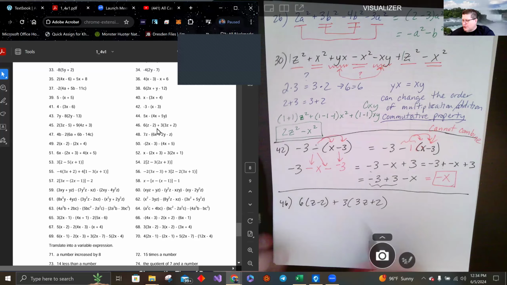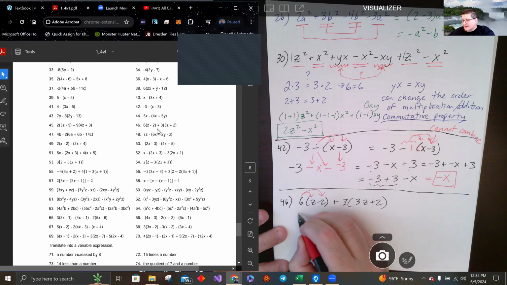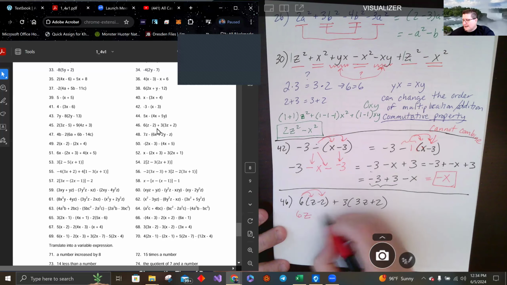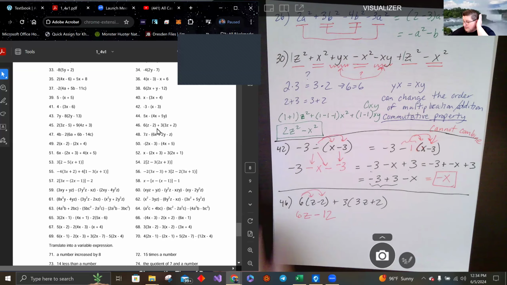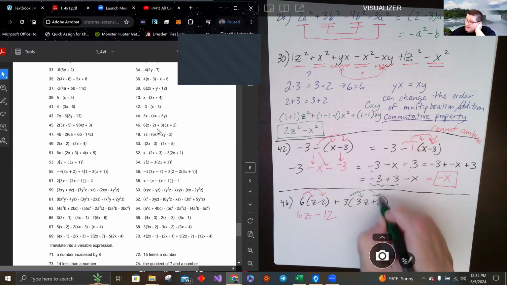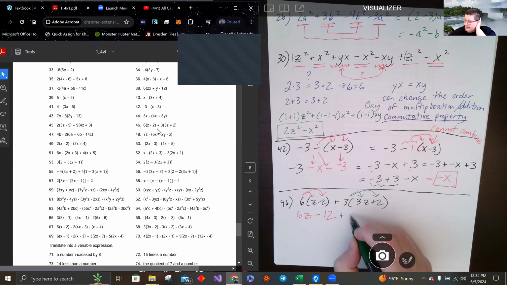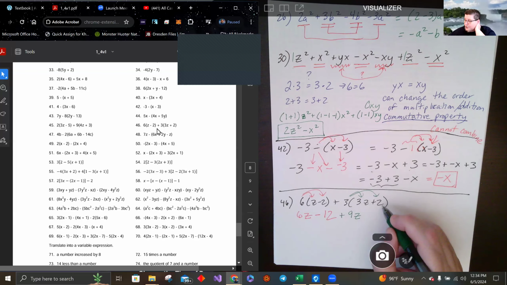First thing we want to do is distribute these numbers in front. 6 times z is 6z. 6 times -2 is -12. Then I'll distribute the 3 here. 3 times 3z is 9z. And 3 times 2 is 6.